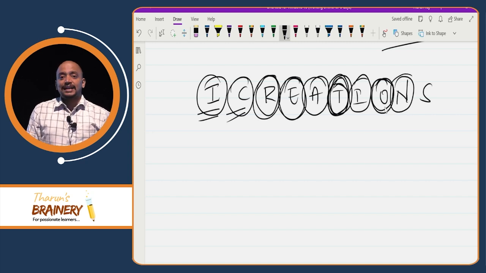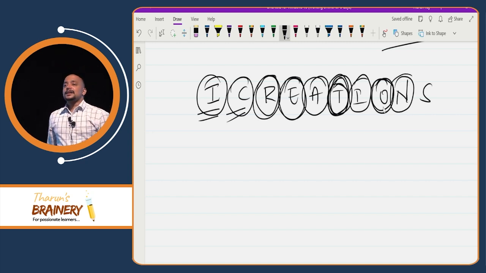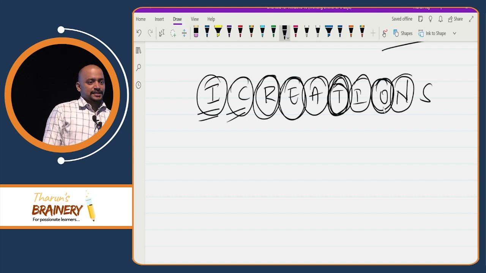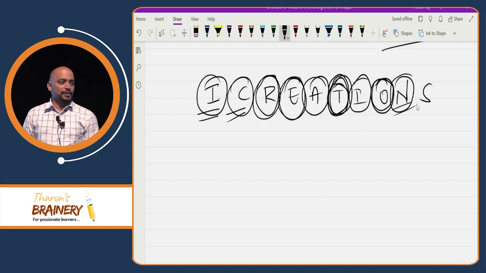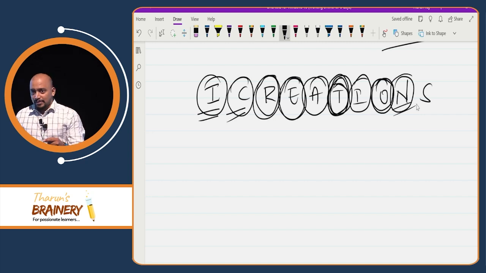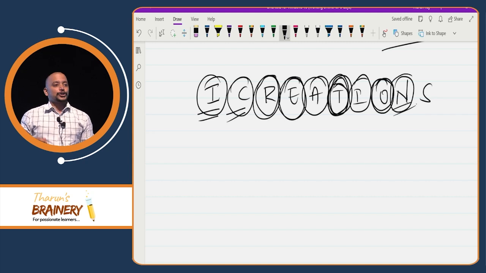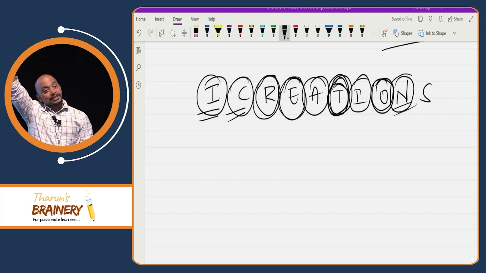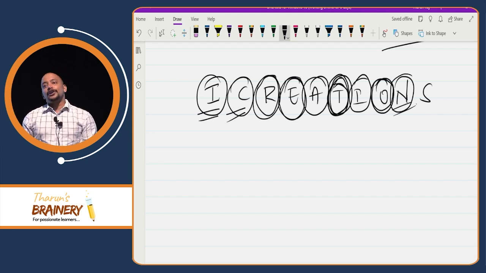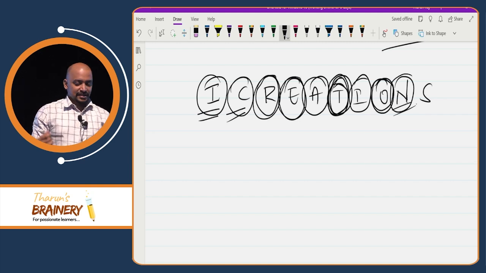Then N, that is NRTP. NRTP is non-resident taxable person. What is the difference between casual taxable person and non-resident taxable person? Casual taxable person will come from other state to this state in order to make supply of goods or services. But non-resident taxable person will come from outside India to India in order to make supply of goods or services. Okay.